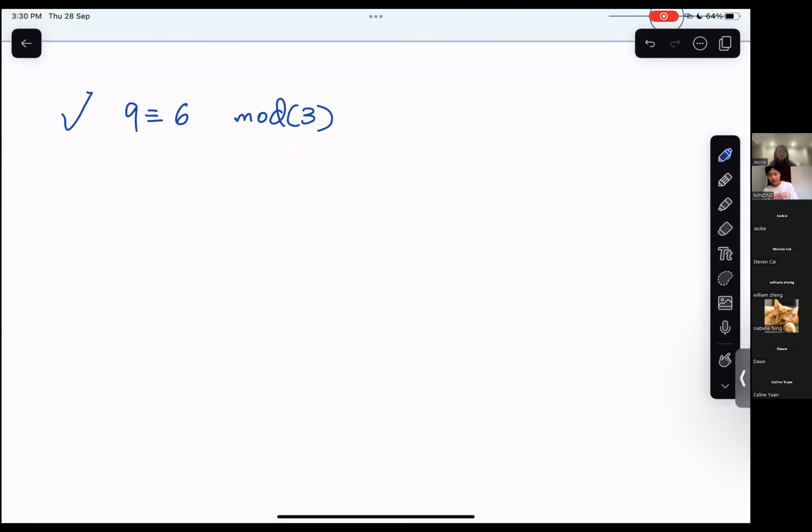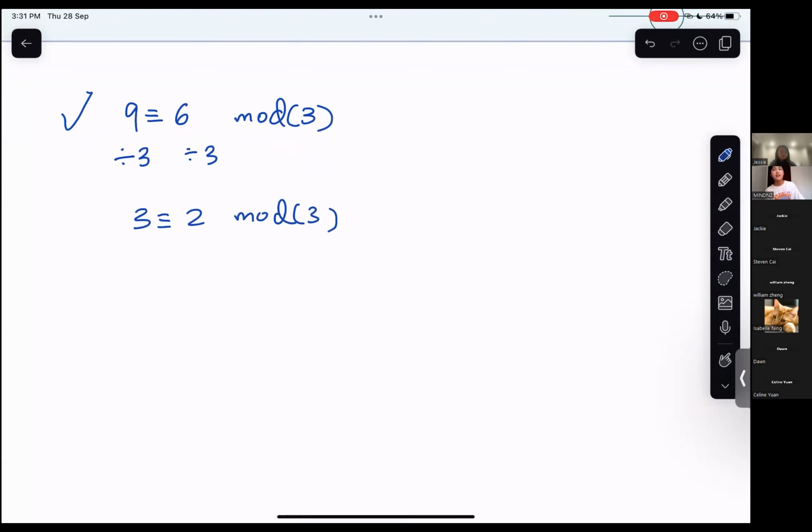But if we had something like this in normal equivalence, with the equal sign, we might think, oh, well, they have a common divisor like 3, right? So how about we simplify it by dividing both sides by 3? And if we do try to do something like this, we get 3 congruent to 2 mod 3. And this isn't true, right?